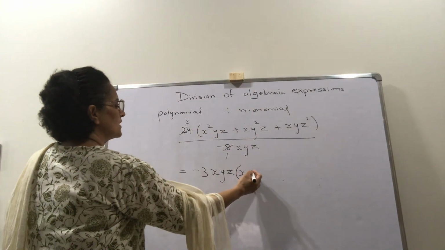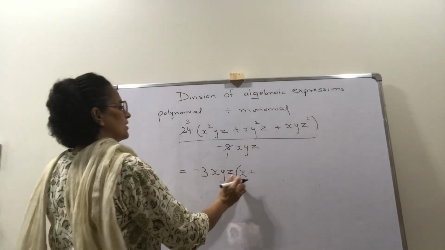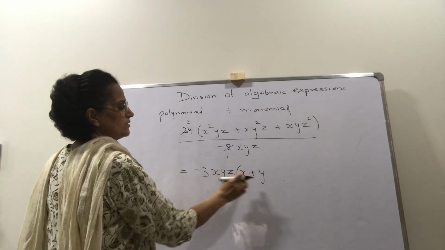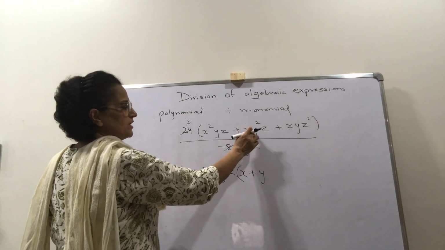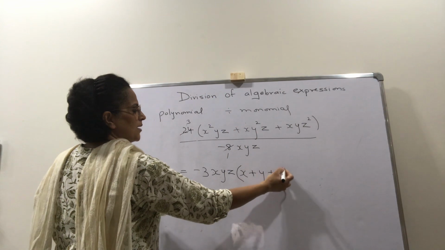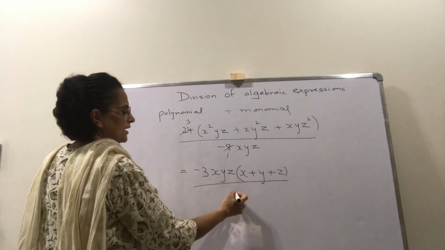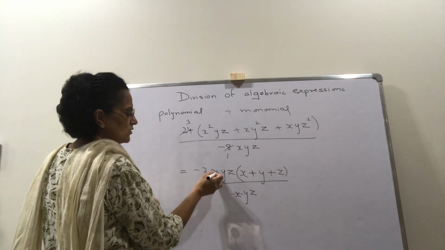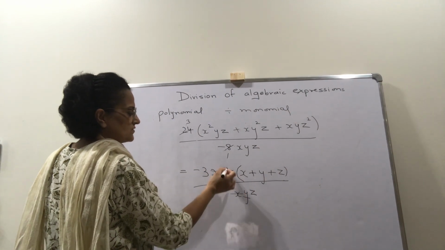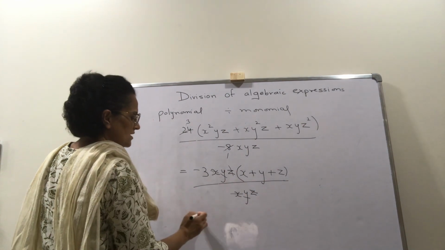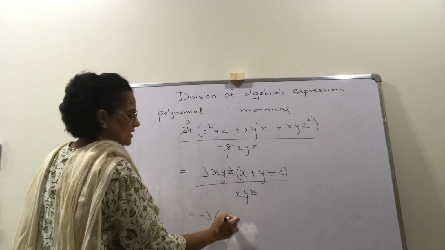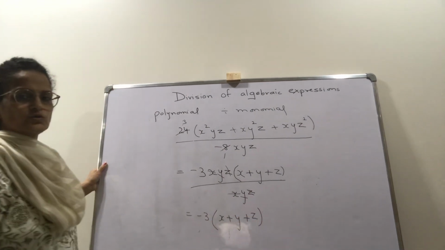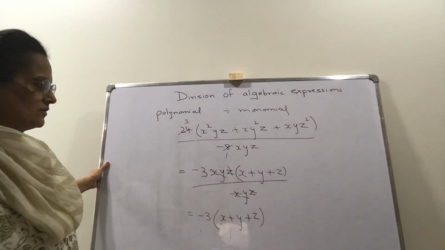Here also I have taken 1 y common, so 1 y into y will give me y square, and here I am left with z, and denominator was xyz. I can cross out this x, I can cross out this y, I can cross out this z. Again I am left with answer as minus 3 times x plus y plus z. So you can choose whatever you are comfortable with and do it.